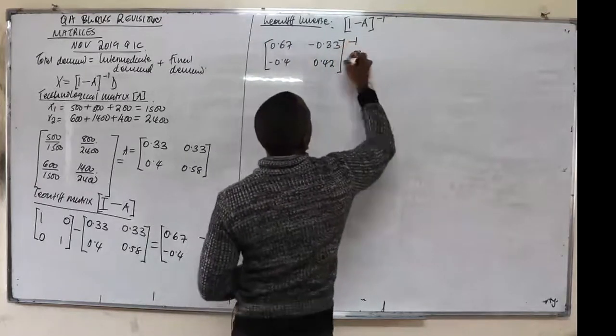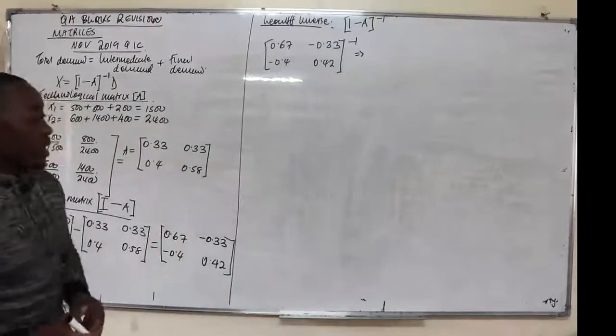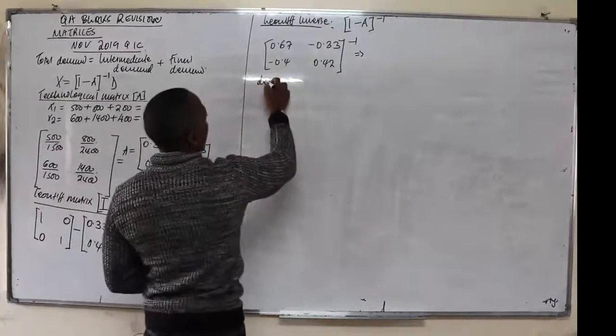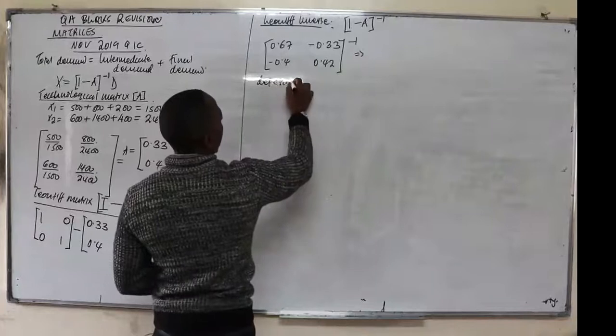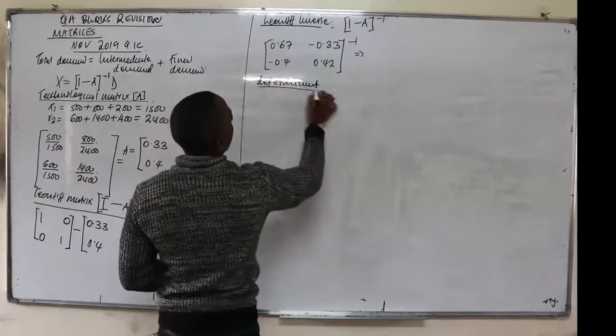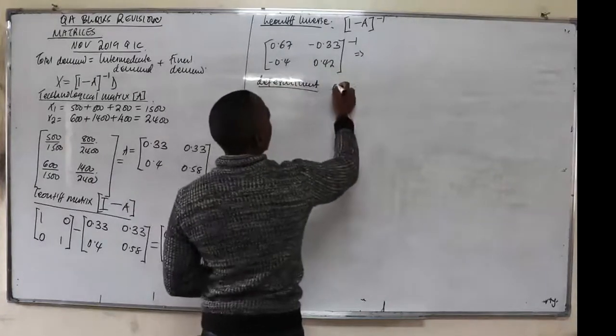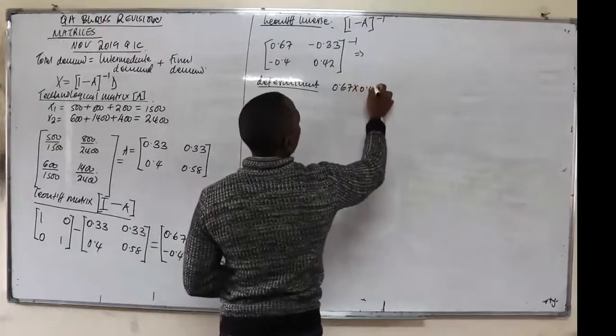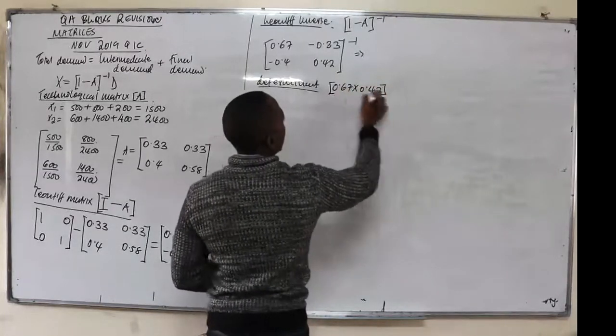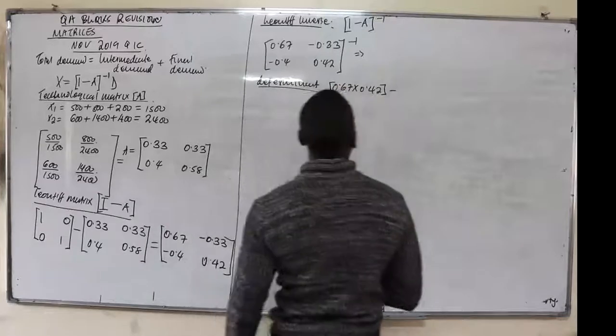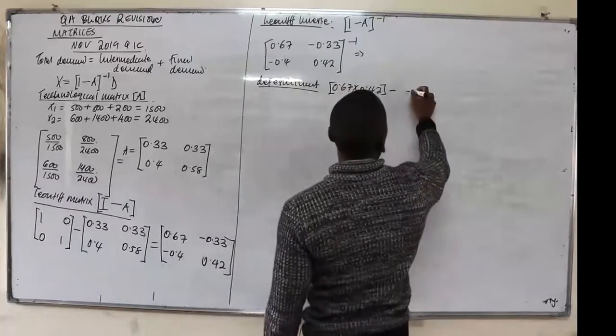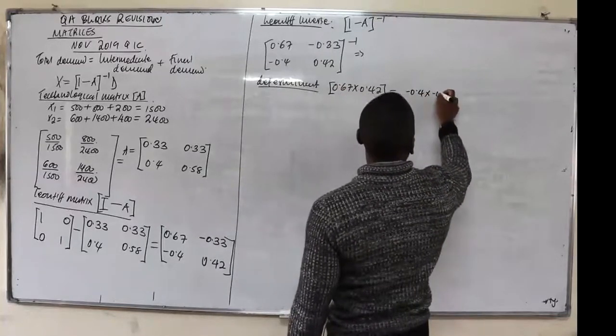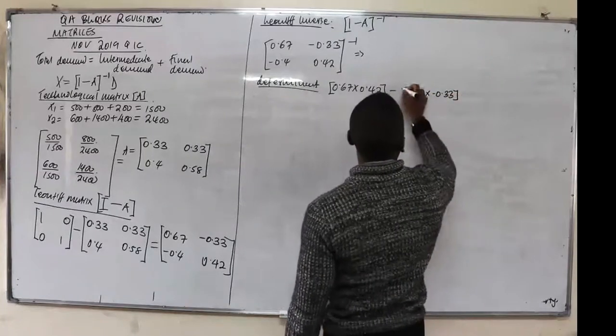So how do we get the inverse? For a 2 by 2 matrix, first of all, you get the determinant. And to get the determinant, you take the major diagonal element, that is 0.67, you multiply by 0.42. Then you deduct the minor diagonal, negative 0.4, multiplied by negative 0.33.